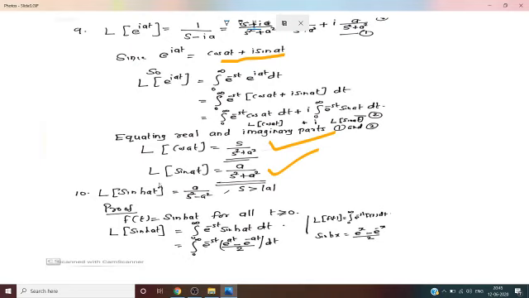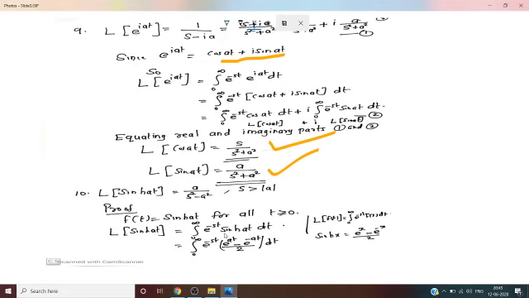Now, we can find the Laplace transform of sinh at. What is the Laplace transform of sinh at? Equal to integral 0 to infinity e raised to minus st into sinh at dt. You know that sinh x equal to e raised to x minus e raised to minus x by 2.